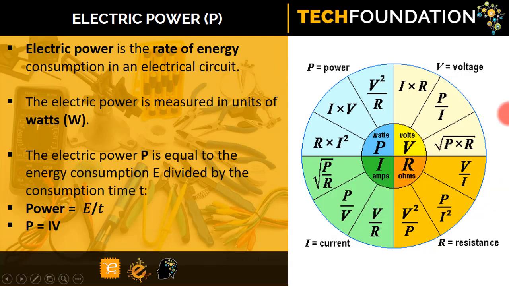So if you are given let's say current and voltage, for instance, you can calculate for power using this relation. If you know voltage and resistance, then you can calculate for power using this relation. If you know current and resistance, you can calculate for power using this relation, and so on and so forth.